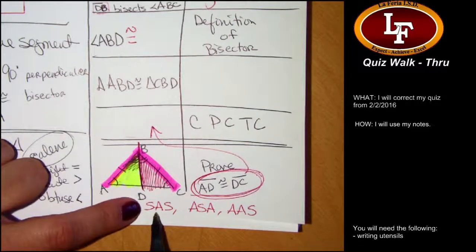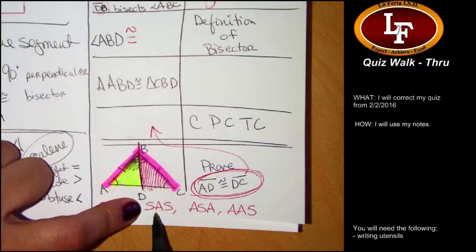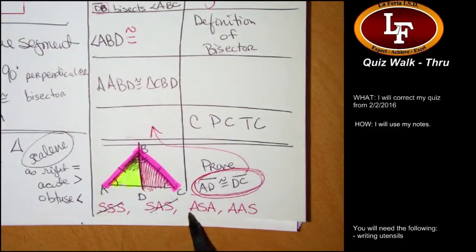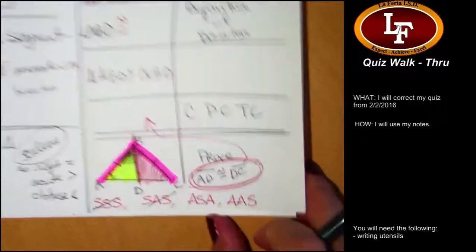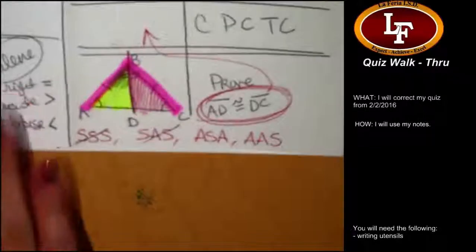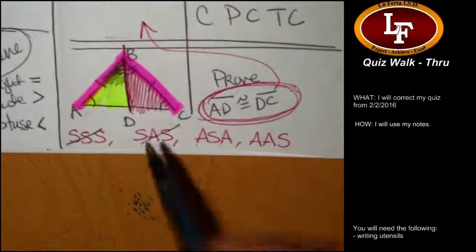What about side, angle, side? No, because this one requires two sides and one angle. And I have two angles and one side. So really, my choices are this one or this one. 50-50 if you're not sure which one to pick. But here's how you know which one to pick. Do you see this order? Angle, side, angle. The side is trapped inside the angle. The side is trapped inside of the angle. So look at your diagram.